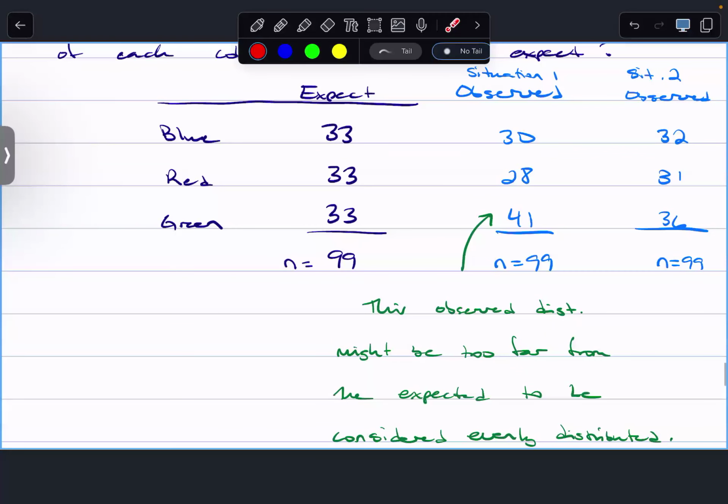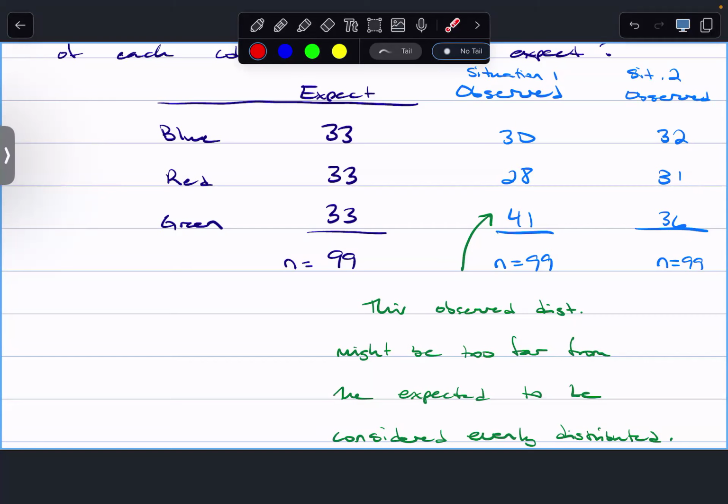Whereas this second situation, we're not going to work with it because I'm more curious about this first one. But you can apply the same methods and see what you get for the second distribution.